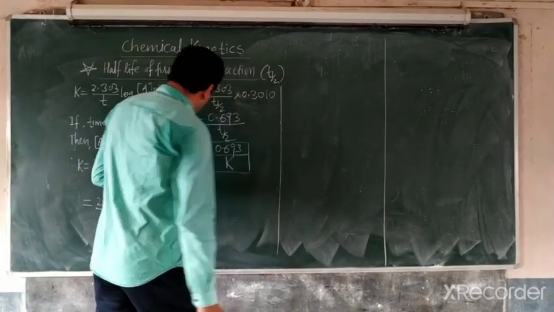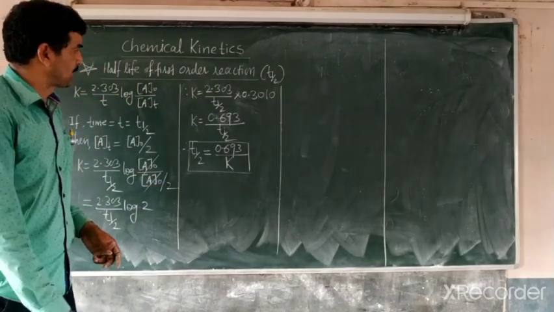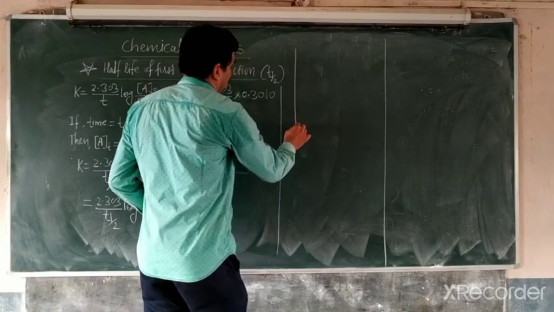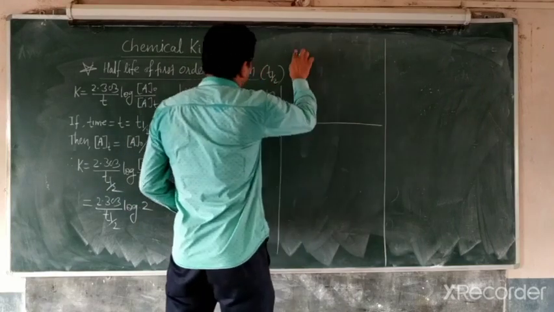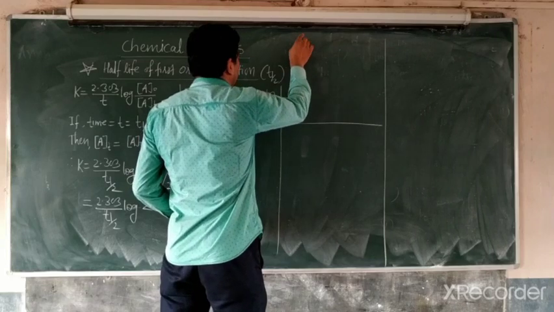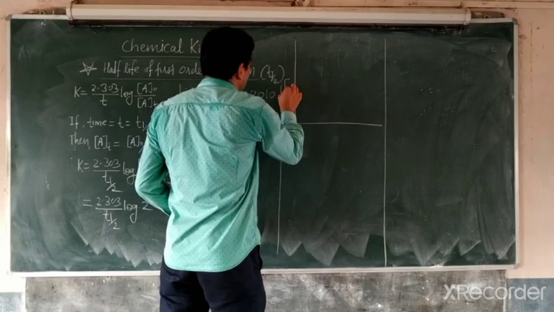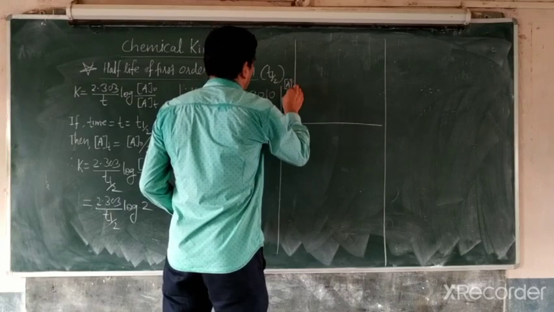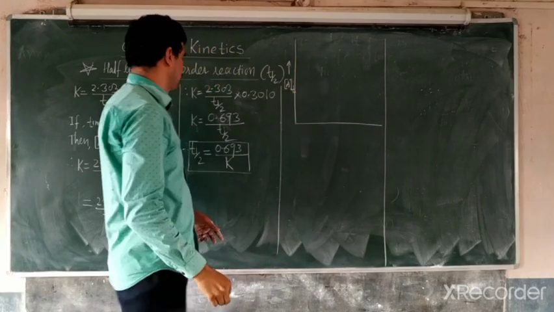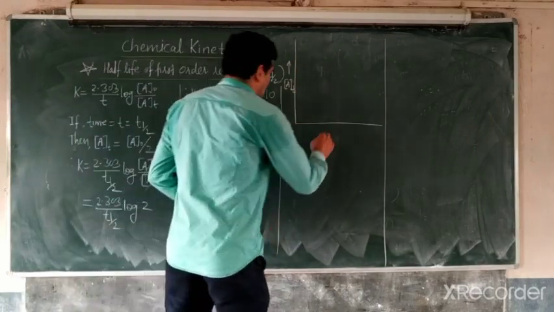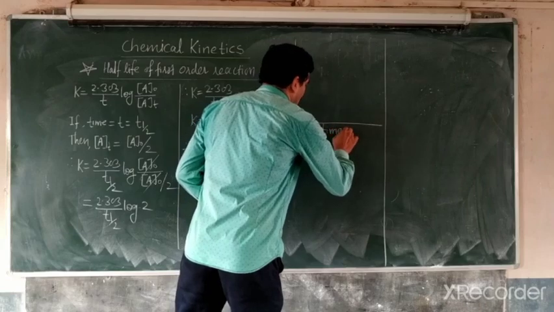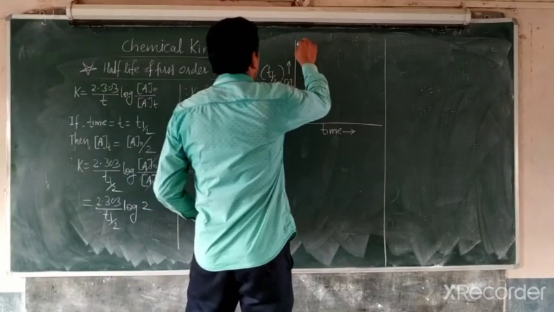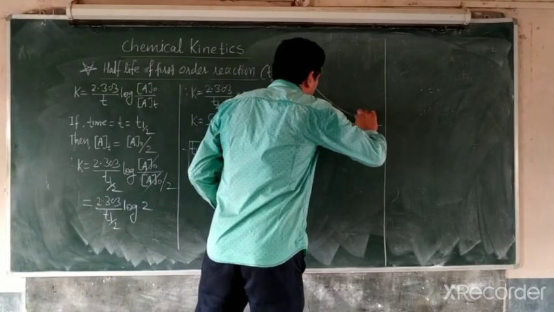Now here we can show the half-life of the first order reaction graphically. We can draw the graph for the first order reaction. When the graph is plotted between the concentration of the reactant AT on y-axis and the time on x-axis, for the first order reaction, we get this type of graph.